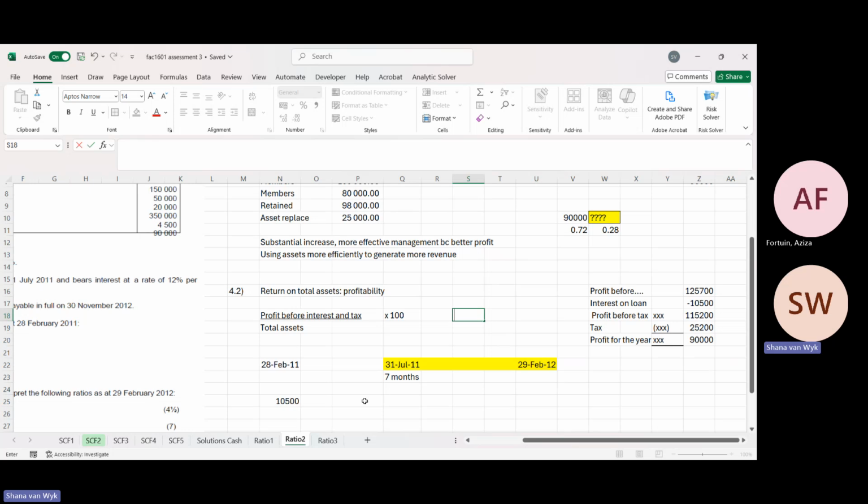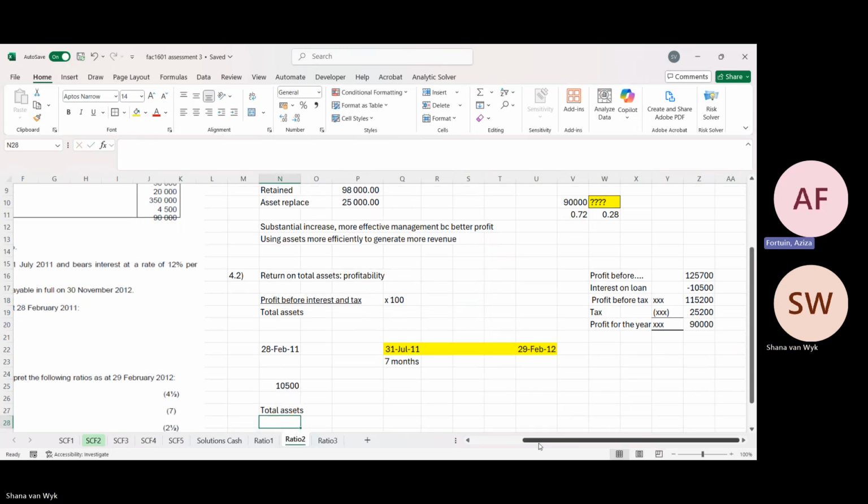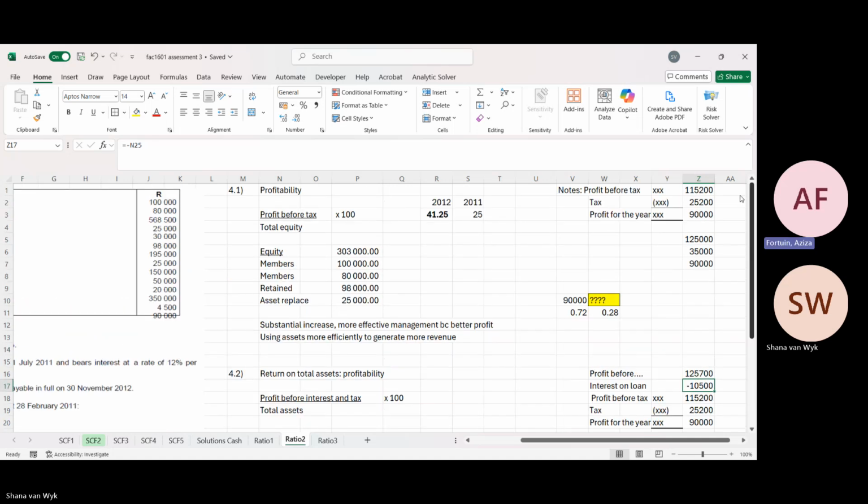Okay, and then total assets. Hold on, I think you made a mistake there. Your profit before tax, the 10,500 rand is correct, but the profit before tax was 125,000. What did we calculate on top? Oh, I did the wrong one. Let me delete this and paste.